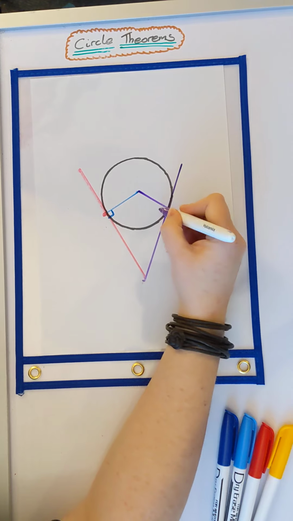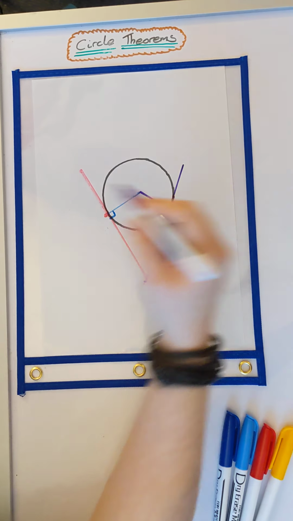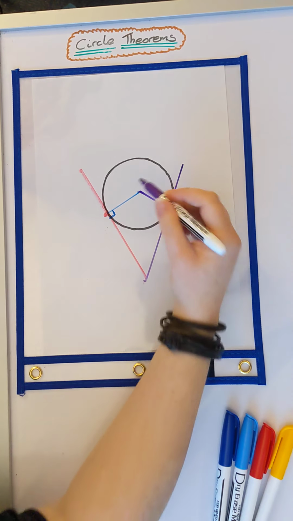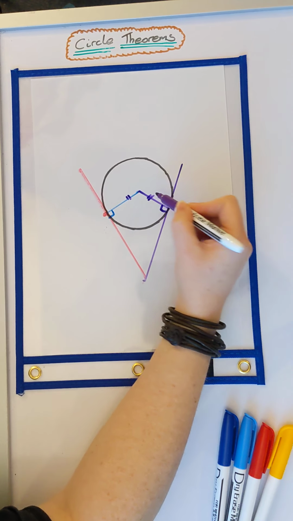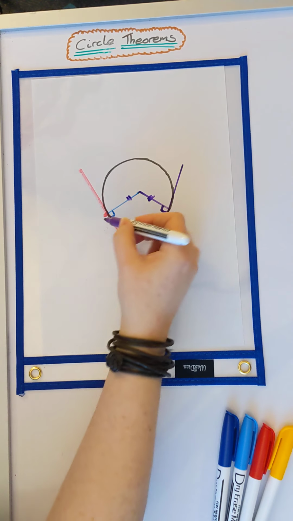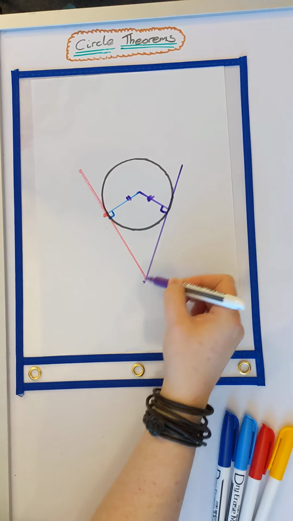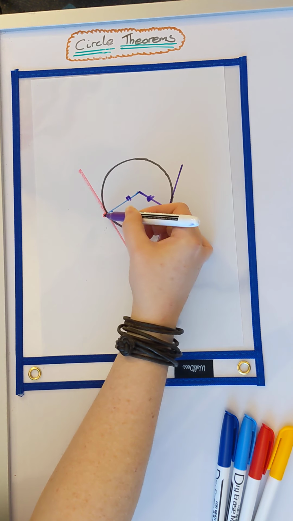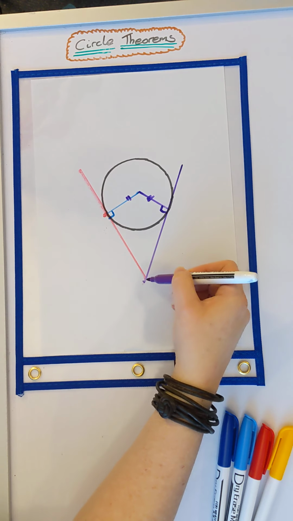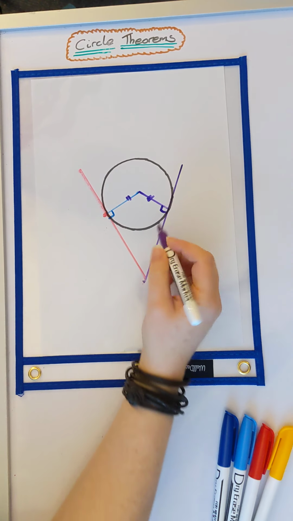Right, and it's at 90 degrees. We know these are the same because they're both radius, but the distance from the tangent where it touches the circle and where the tangents meet will also be the same.